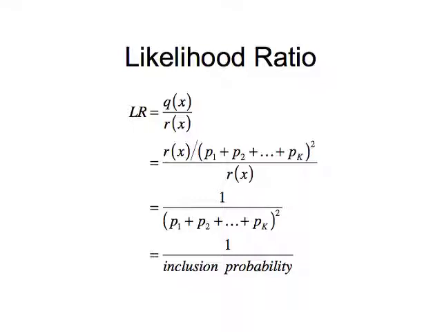Here, what is most convenient is to observe the ratio of the posterior probability, Q, at some allele pair little x, divided by the prior probability, which we call R for the random reference population, evaluated at the same allele pair value, x.